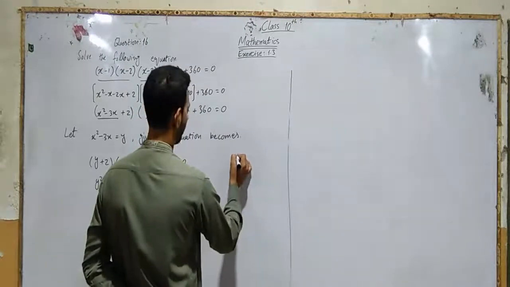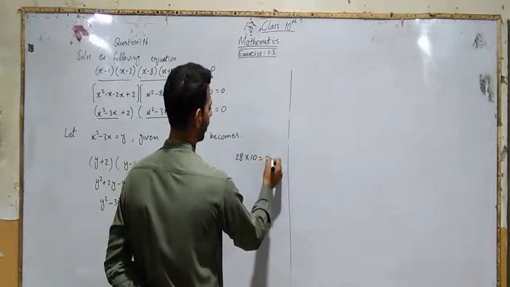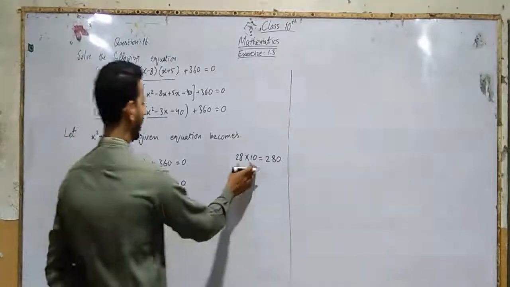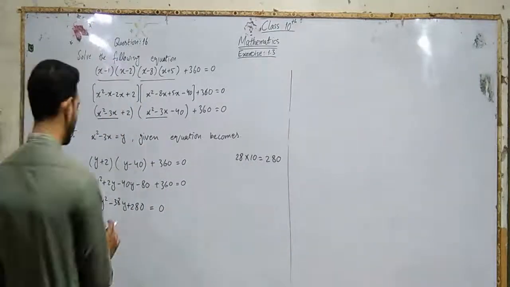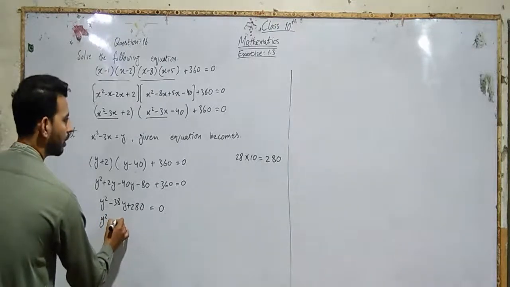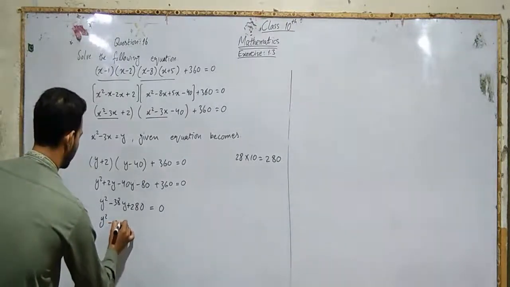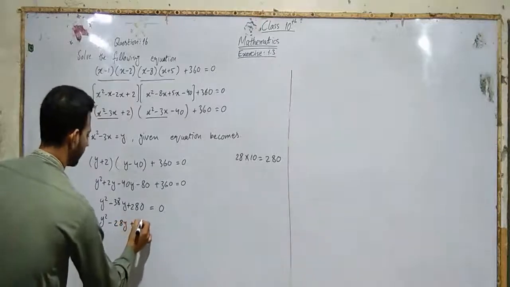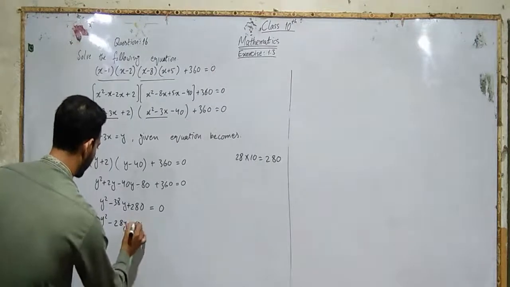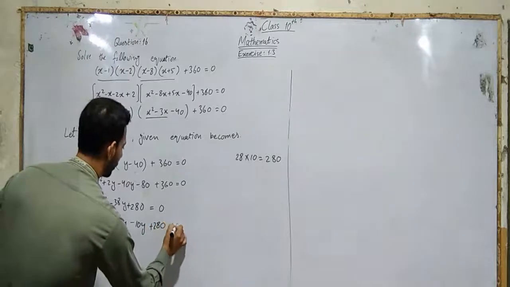If we multiply 28 with 10, we will get 280. So we will use this pair for factorization. For the middle term break, we will get y square minus 28y minus 10y plus 280 equals to 0.